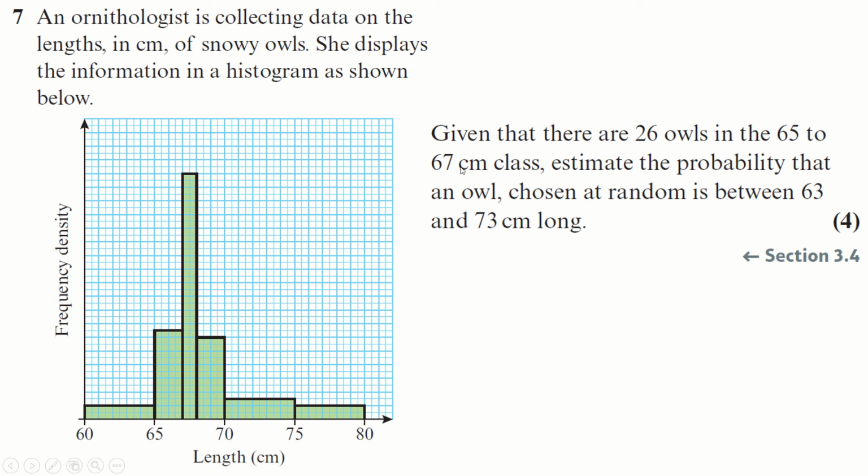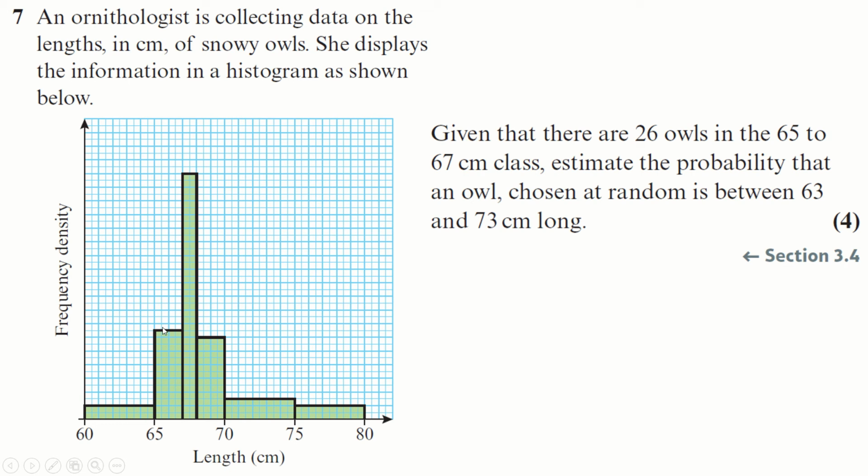Then if we want to figure out the probability of being between 63 and 73, if we have a look at 63, that's going to be from here to 73, which is going to be all the way to here. If we figure out how many squares, we can figure out how many owls that would be out of however many there are in total.